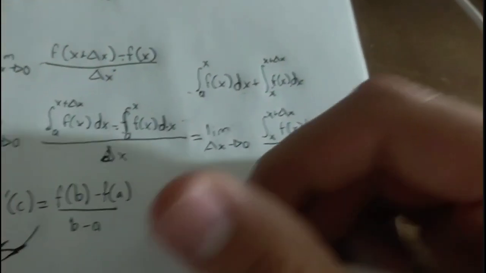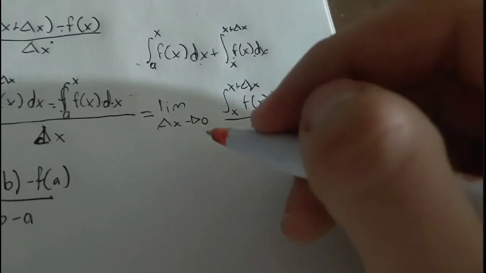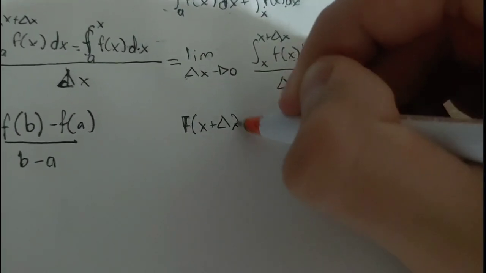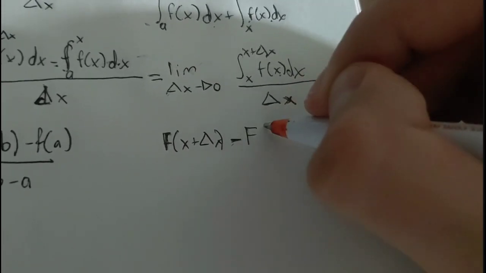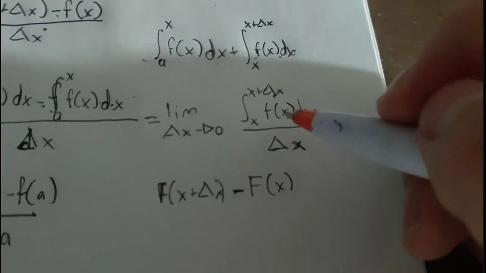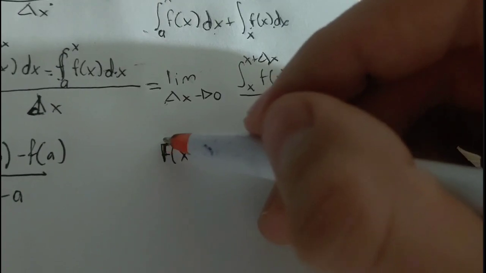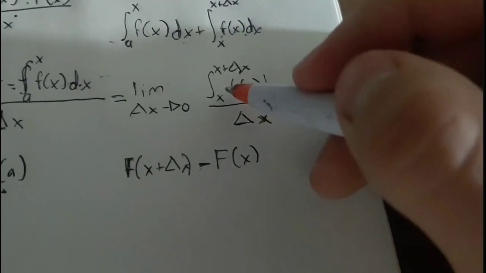Now, how does this apply to what we have here? You will have something like f of x plus delta x minus f of x, and let's assume that capital F is the antiderivative of f of x, all over delta x.